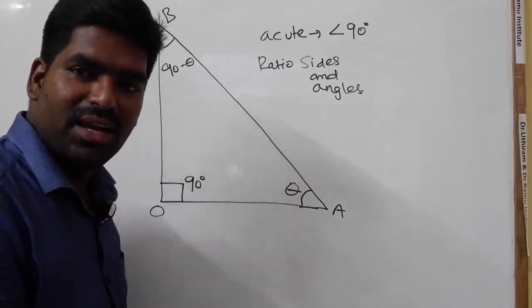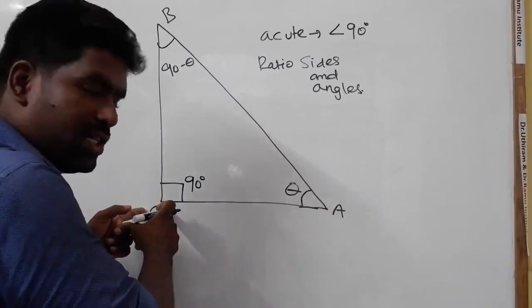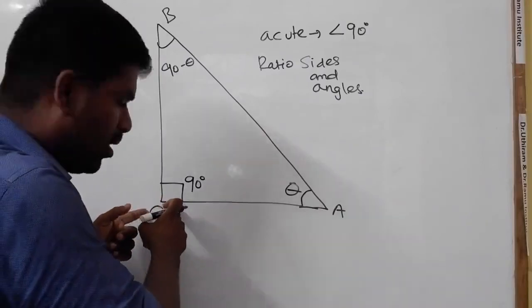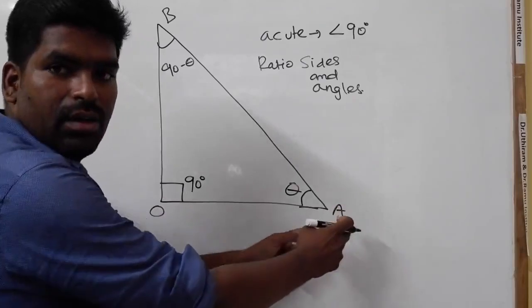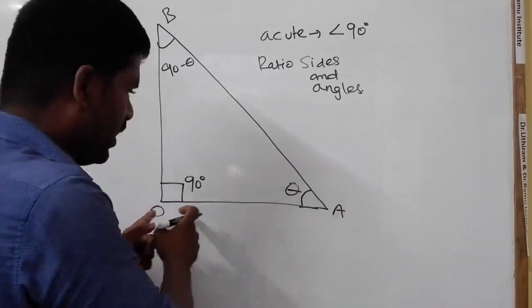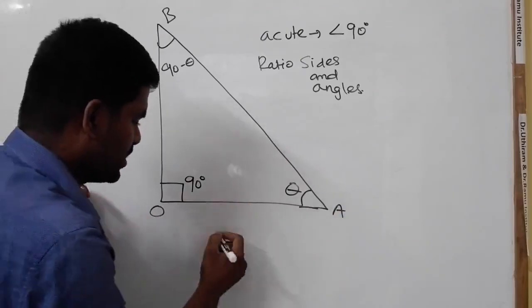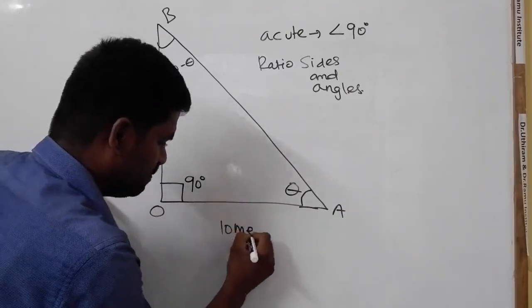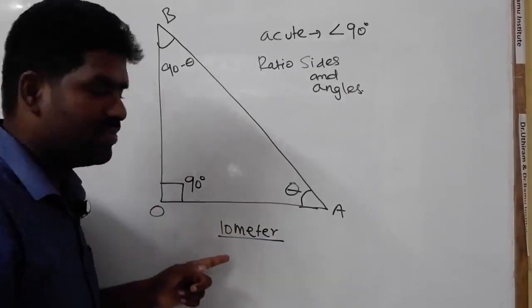A side is a measure of length. For example, we can measure the length from point O to point A by a length, say for example 10 meters. I can measure it in length.